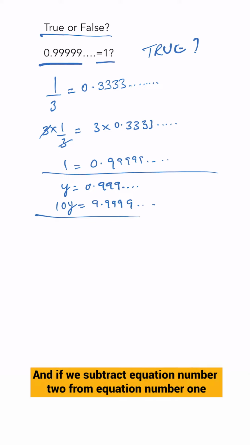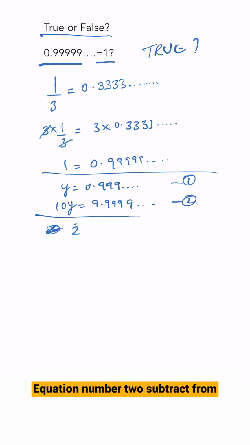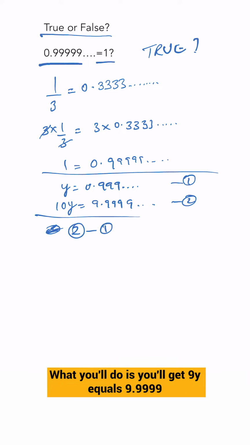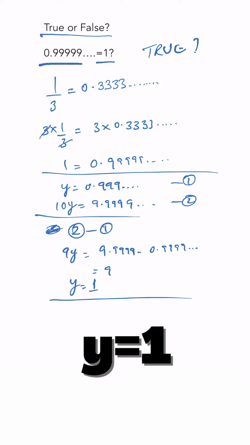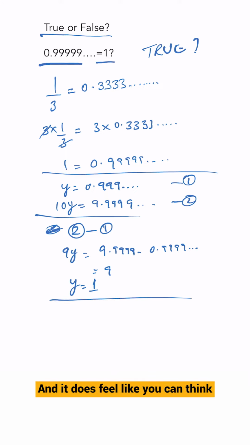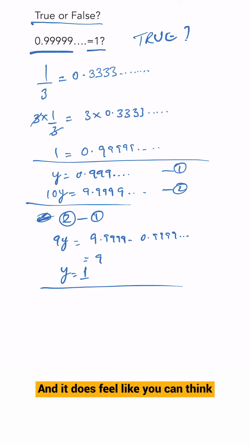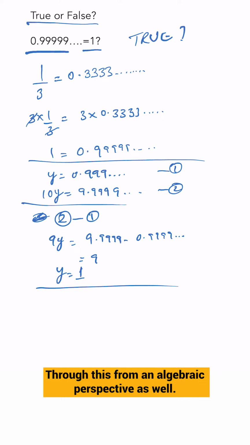And if we subtract equation number 1 from equation number 2, what you'll get is 9y equals 9.9999 minus 0.9999, so on and so forth. That's going to be 9. So y equals 1.